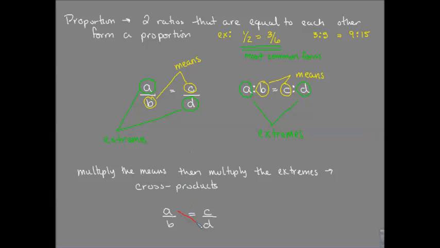I multiply A times D, and I multiply B times C, and I get AD and BC. These are the cross products.